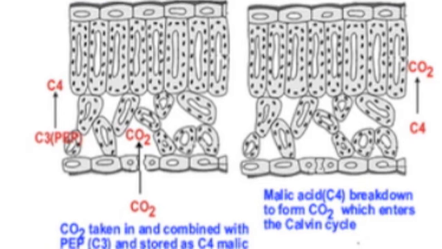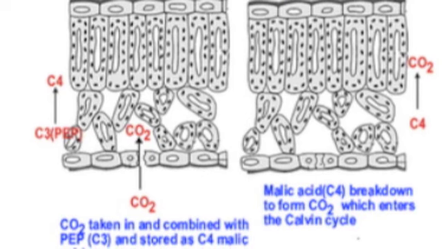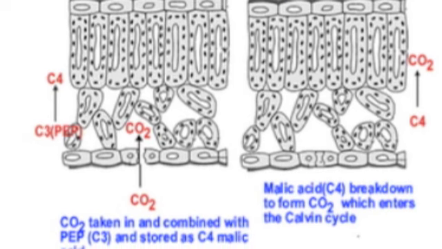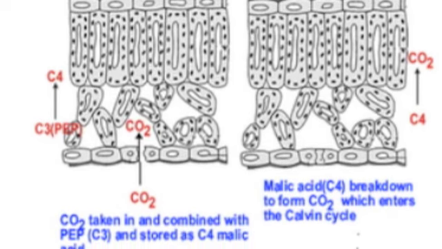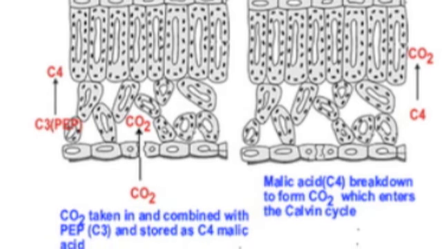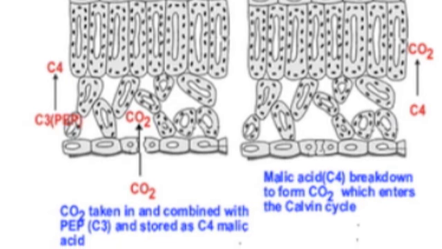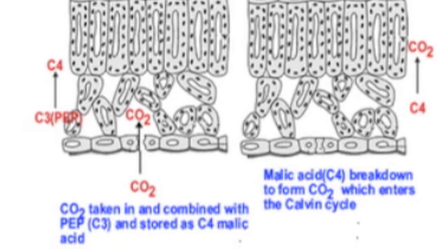Oxaloacetic acid is changed to malic acid or aspartic acid. This stores the carbon dioxide until required for photosynthesis during the day. During the day, the pore is closed and the malic acid degenerates to PEP, C3, and carbon dioxide. Carbon dioxide is then used in photosynthesis.